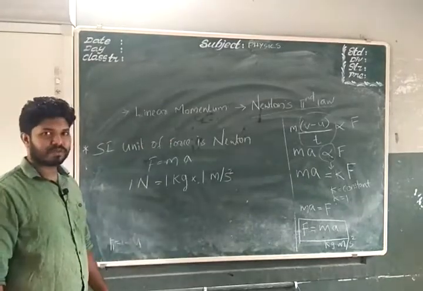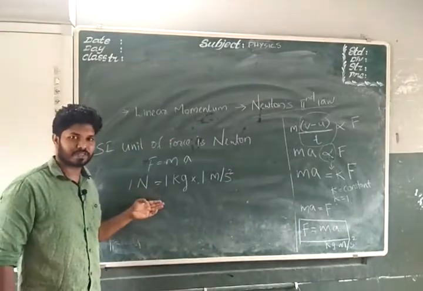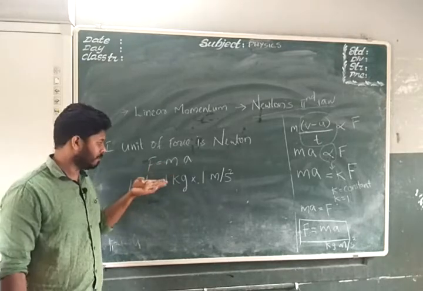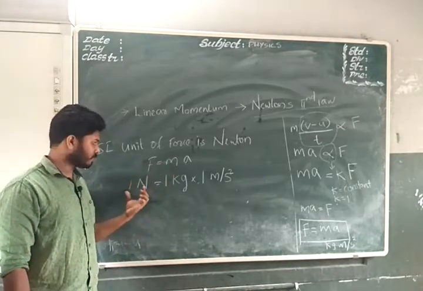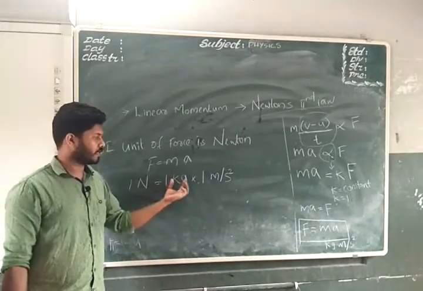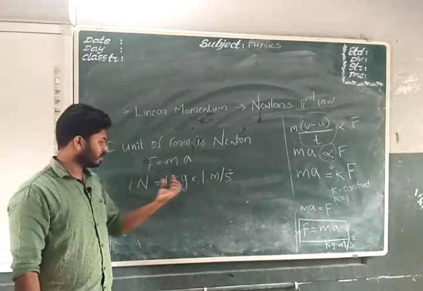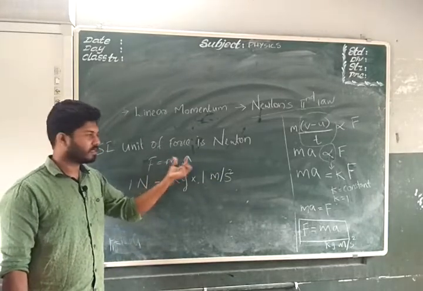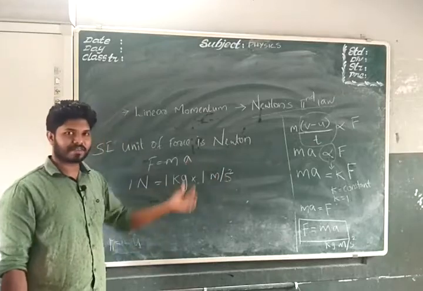So you can expect a question, define 1 Newton. For that question, first of all you have to write the equation F is equal to ma. Then you have to write the units of F, m and a. That is 1 Newton is equal to 1 kilogram into 1 meter per second square, where Newton is the unit of force, kilogram is the unit of mass, meter per second square is the unit of acceleration.